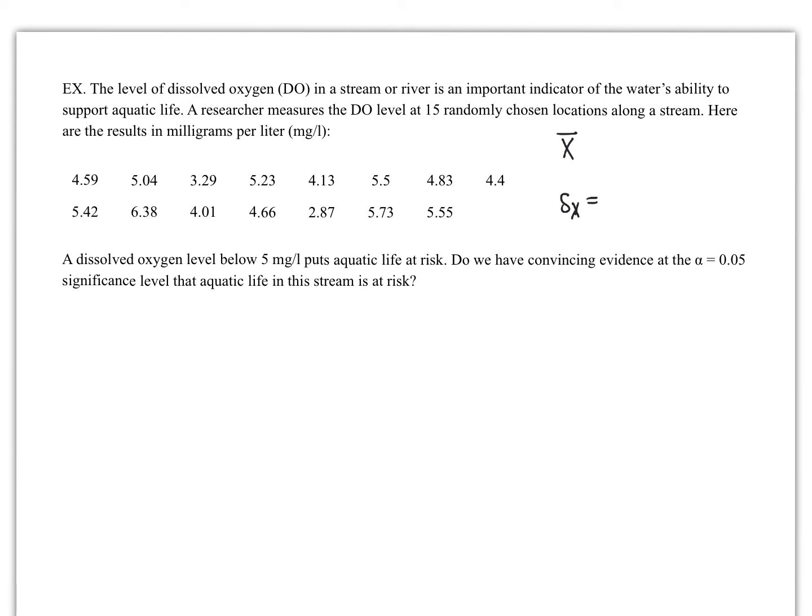Once you have all your values, you go back to stat and then calc, and then we want one variable stats. Okay. And then make sure it's drawing from list 1. We don't want a frequency list, and then we hit enter. So we want our x-bar and our sample standard deviation, so the Sx. So x-bar is going to be 4.78, and our sample standard deviation is going to be 0.9386.